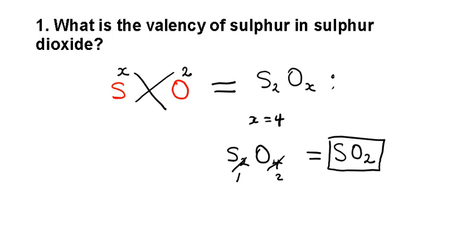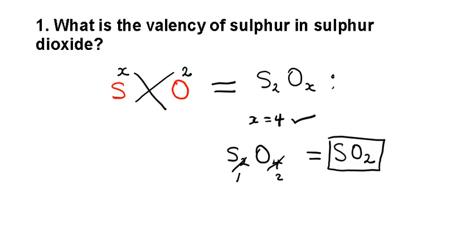That is to say that the valency of sulfur in sulfur dioxide is 4. Okay, let's take the next one.